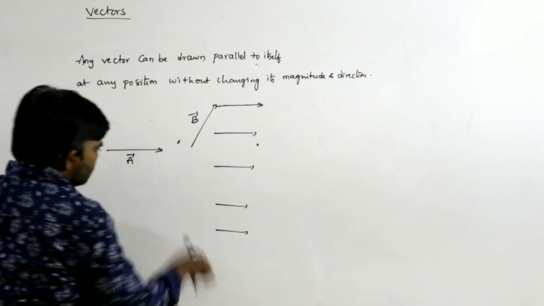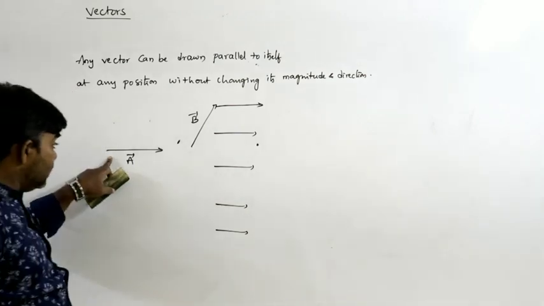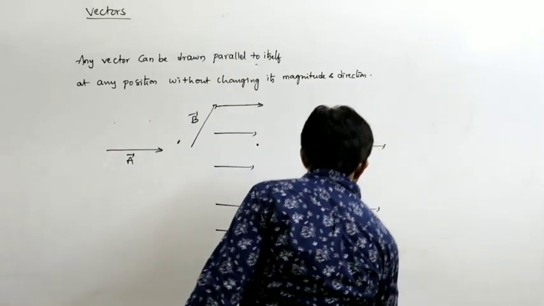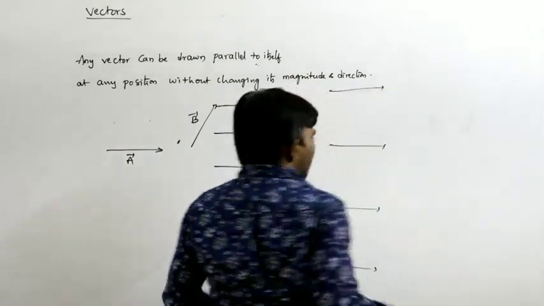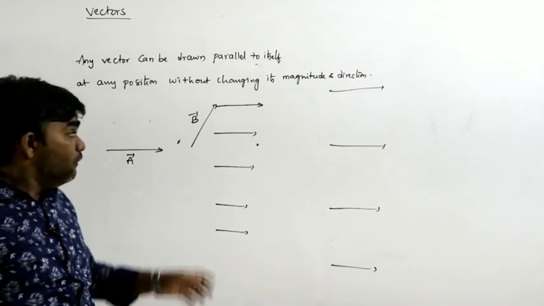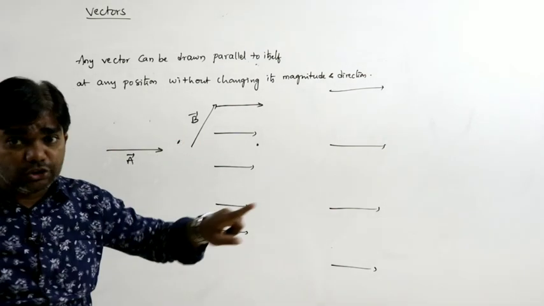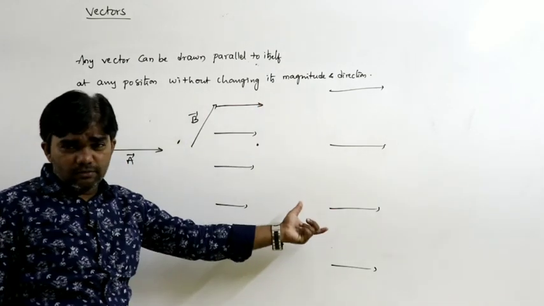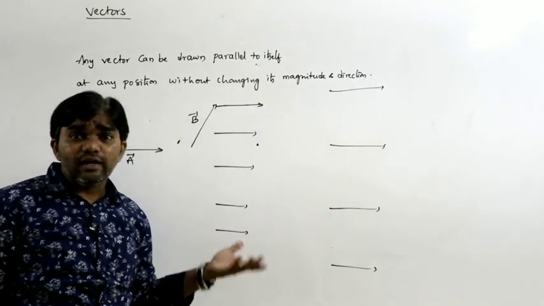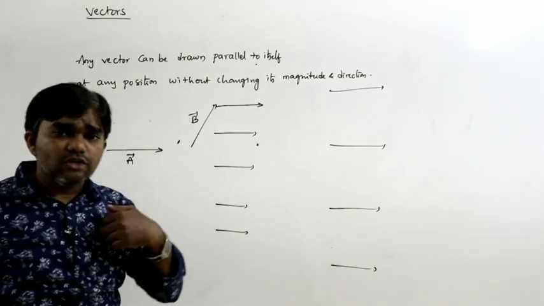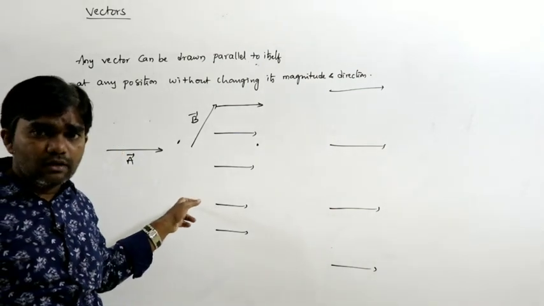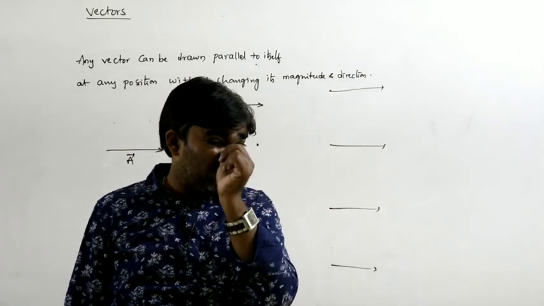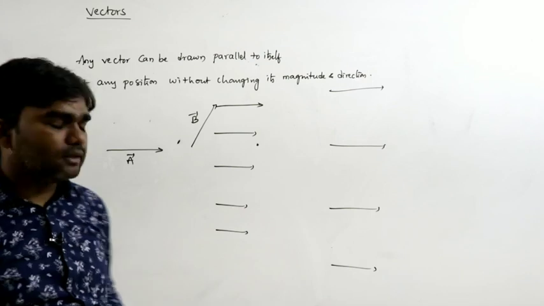At any position we can represent this vector A bar without changing its magnitude and direction. Wherever we require that position, at that position we must consider this vector A bar without changing its magnitude and direction. That is very, very important.